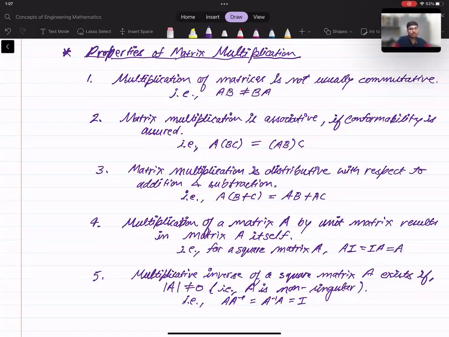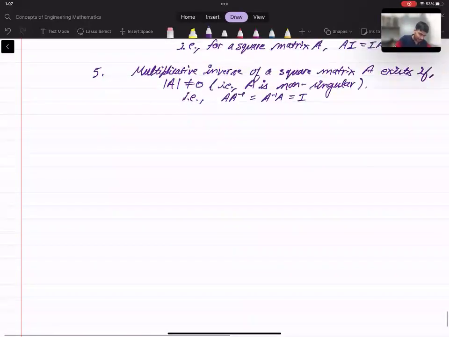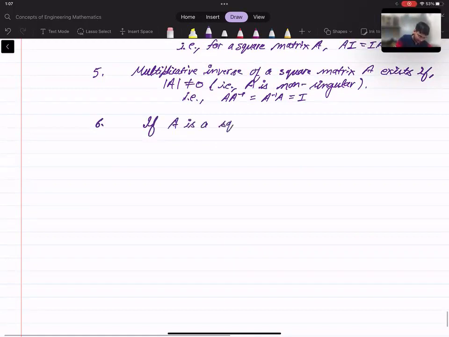Now the next property is also very interesting. Let us write that down: if A is a square matrix, then the product of A into A is simply A square.